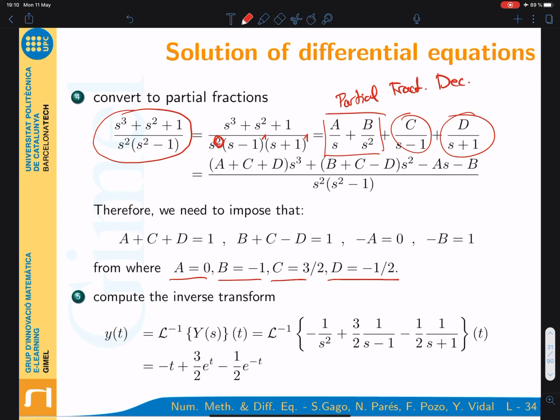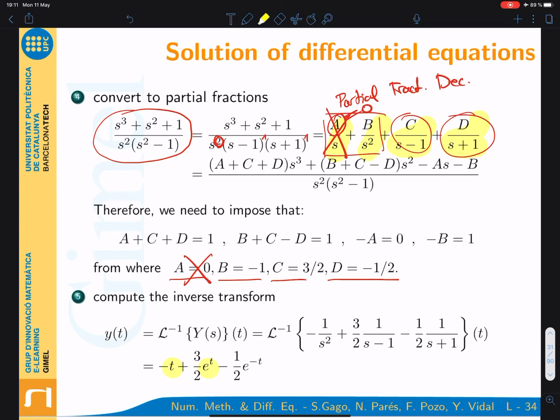Then it's pretty straightforward to compute the inverse Laplace transform, because the inverse Laplace transforms of 1 over s, 1 over s squared, 1 over s minus 1, and 1 over s plus 1 all appear in the table. Oh, sorry, I want to explain this. The value of a is 0, so this term vanishes, okay?